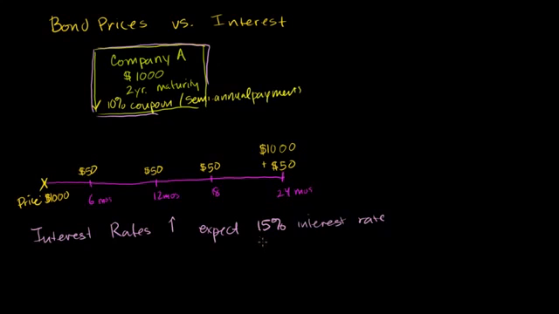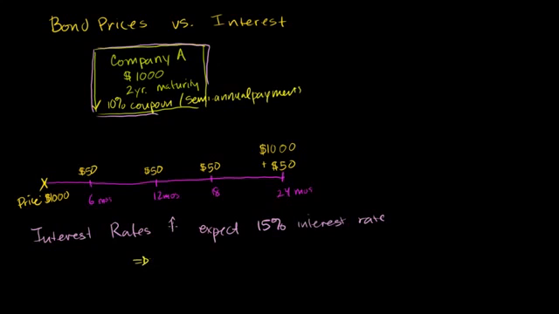I'm expecting 15%. So I want to pay something less than $1,000 that, after I do all of the fancy math in my spreadsheet, will come out to be 15%. So in this situation, the price will go down. And I'll actually do the math with a simpler bond than one that pays coupons right after this. But I just want to give you the intuitive sense.